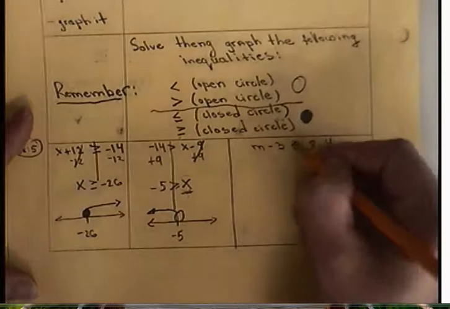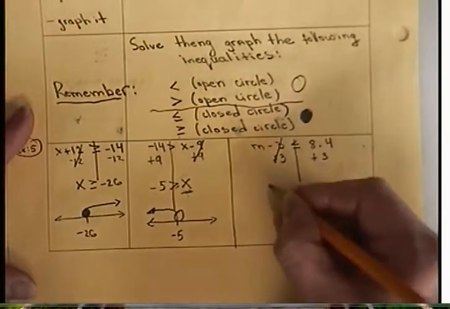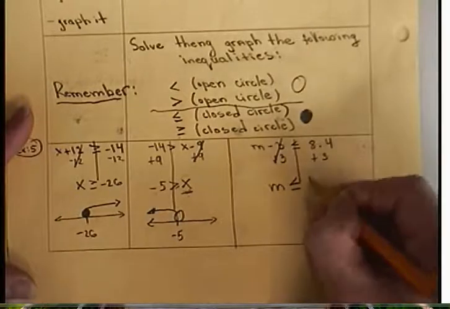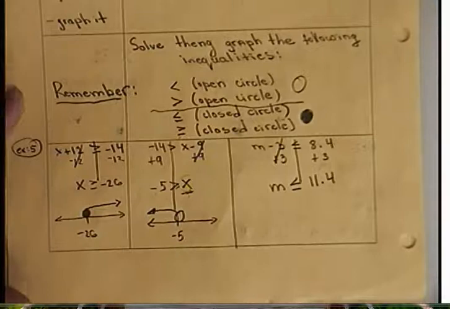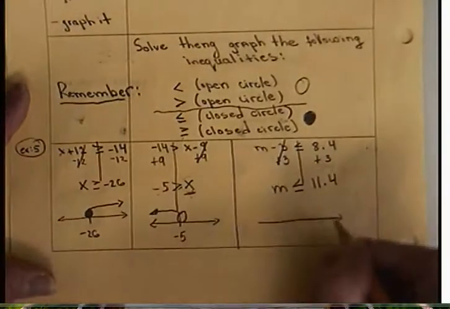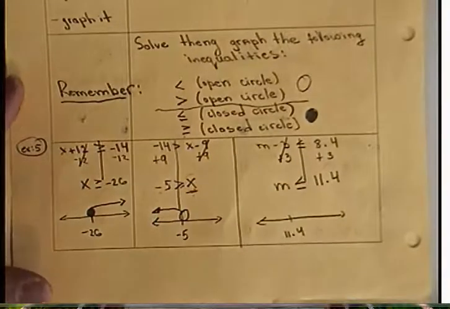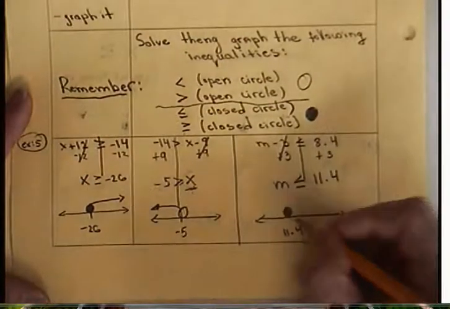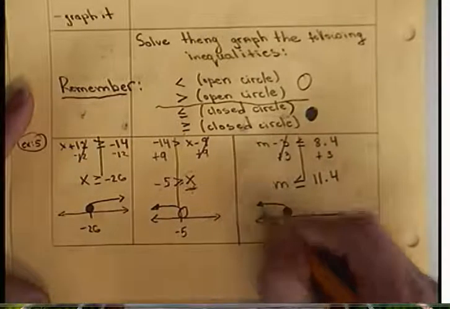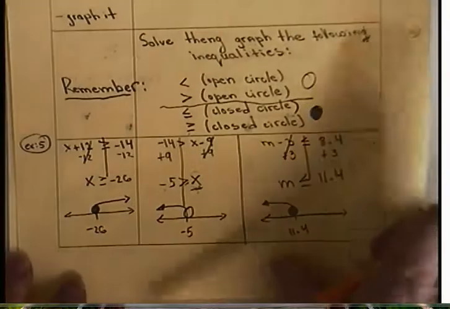Okay, the last one, we have plus 3 over here, cancel those, m will be less than or equal to 11.4. So 8.4 plus 3 will be 11.4. Draw a line, choose the position for the decimal number 11.4, closed circle. m is less than, it means all the solutions will be to the left. Awesome. I do have one last example.